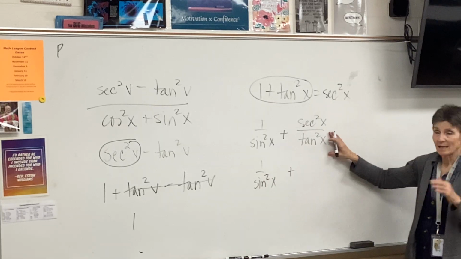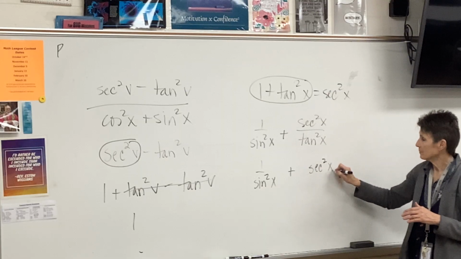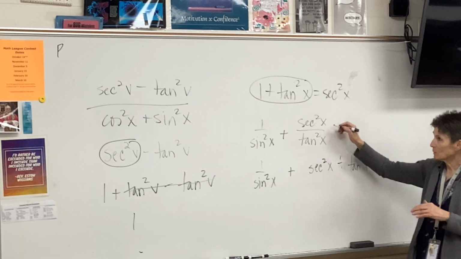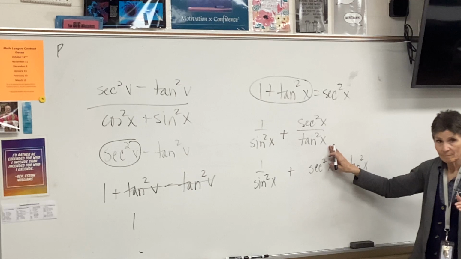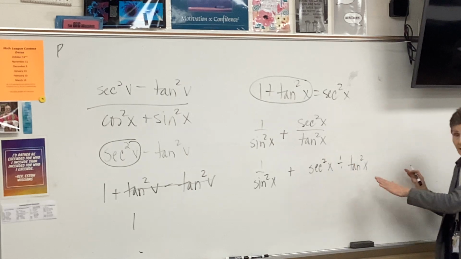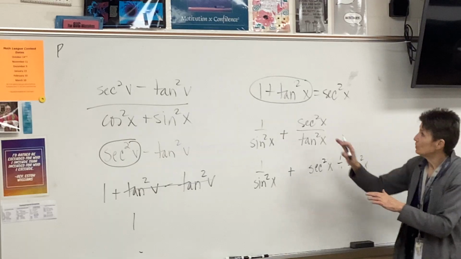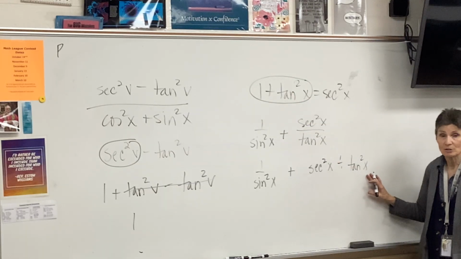Now keep in mind, this is secant squared divided by tangent squared. That's what this says. Secant squared divided by tangent squared. Not plus, not minus. I really don't want to do this because that's going to introduce more mess into the problem.